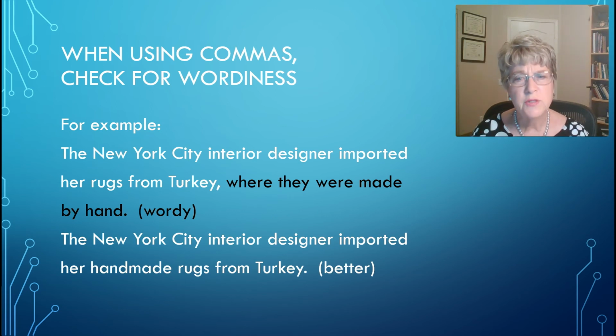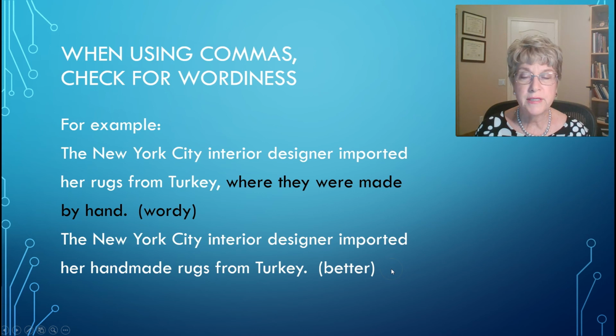So I'm going to give you an example of how to eliminate wordiness. The New York City interior designer imported her rugs from Turkey, comma, where they were made by hand. This is grammatically correct. The comma placement is correct, but it's wordy. And let me show you how we can reduce that wordiness.